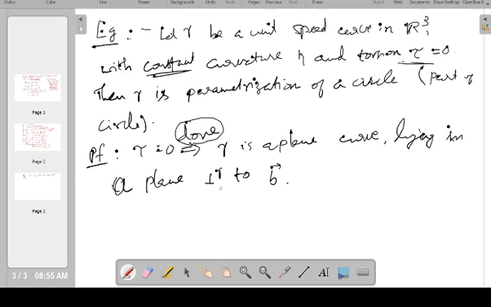Now we are going to explore the fact that kappa is constant. So look at gamma plus 1 by kappa n.